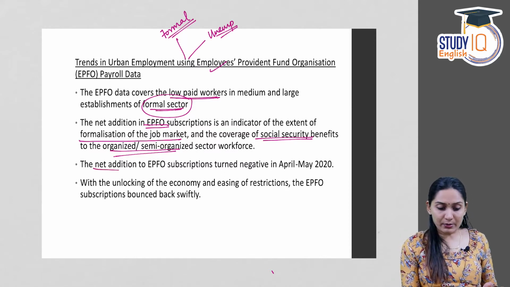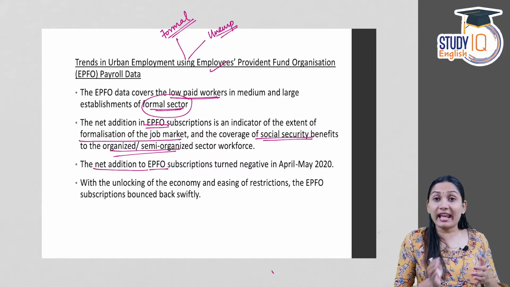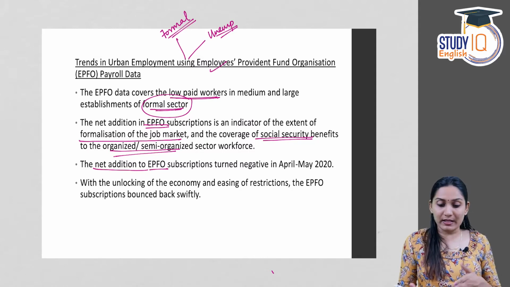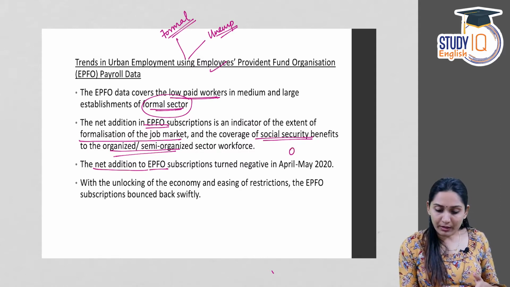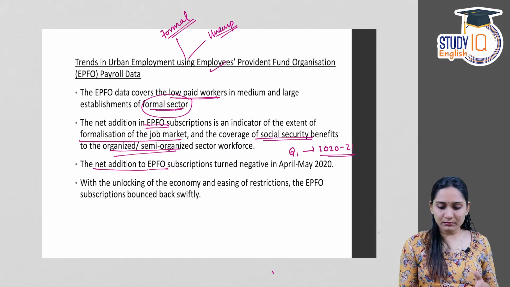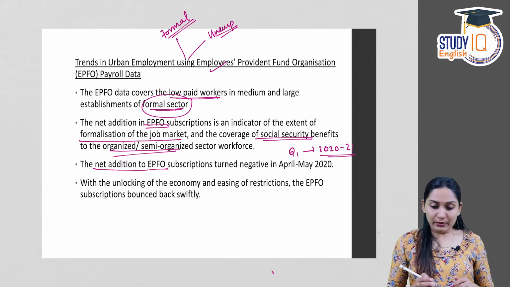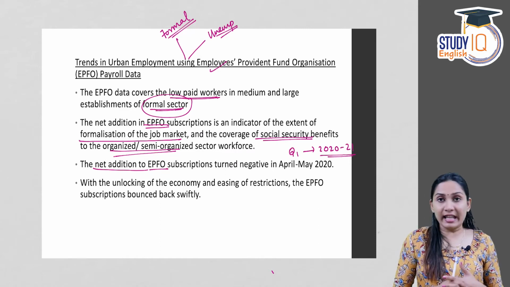The net addition to EPFO subscriptions turned negative in April to May 2020. That is during Q1 of the 2020-21 financial year. So during the first quarter, it was negative.